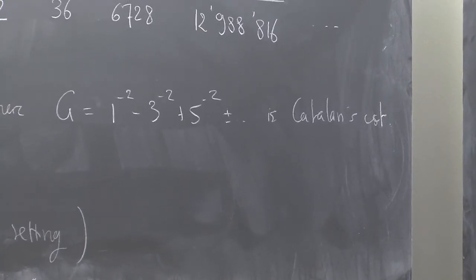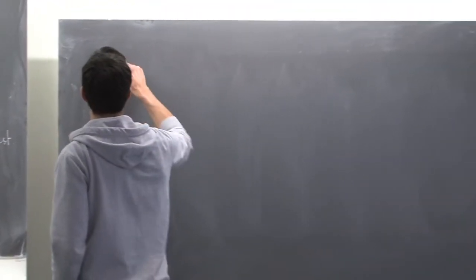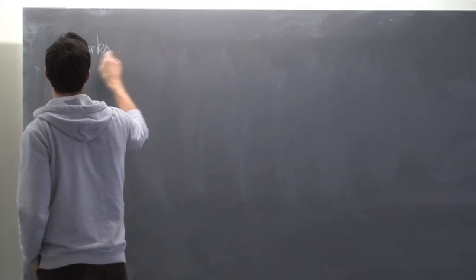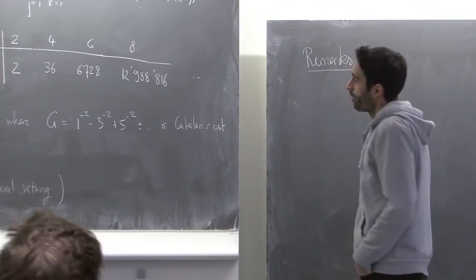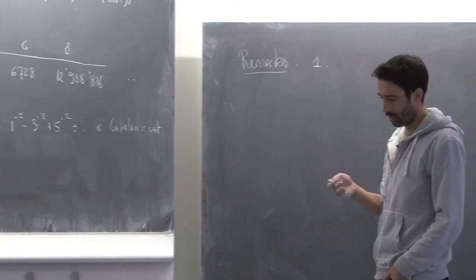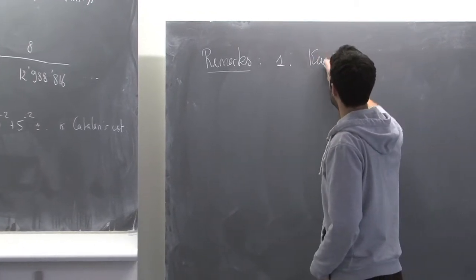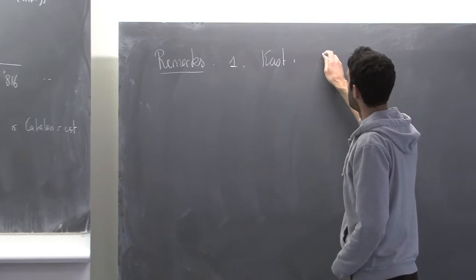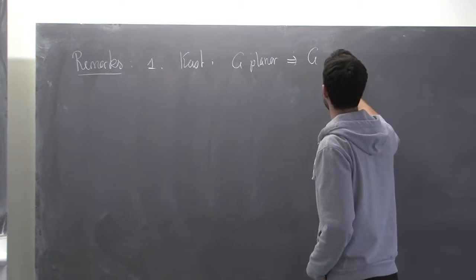Maybe a couple of remarks before going on with consequences of the Kasteleyn theorem. First remark is that the Kasteleyn theorem says that planar graphs are Pfaffian. G planar implies G Pfaffian.